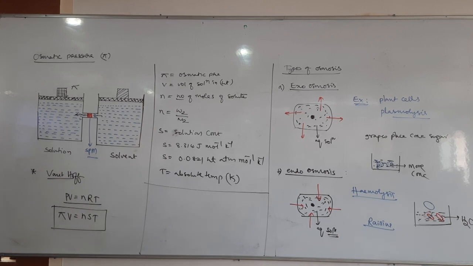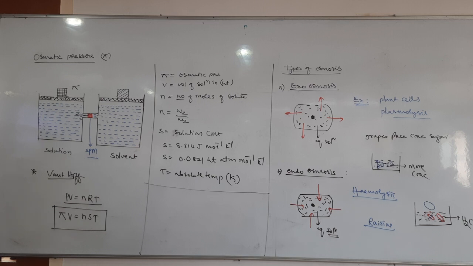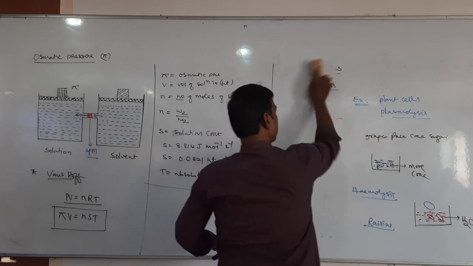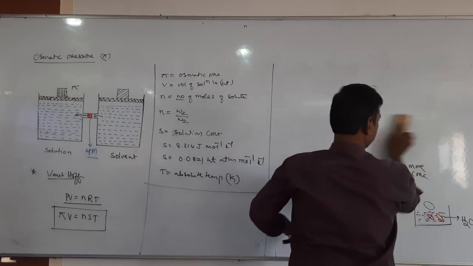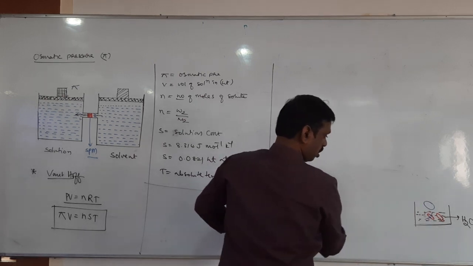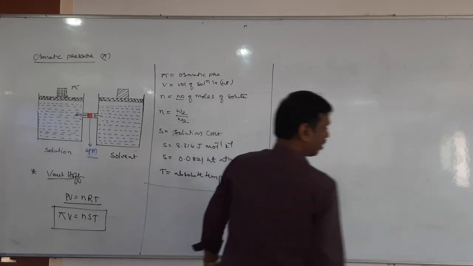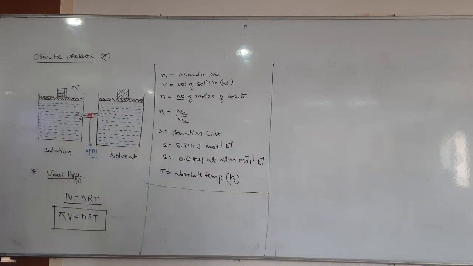Right, next slide. Van 't Hoff observed that dilute solutions behave as ideal gases, and the ideal gas equation, in bracket PV equal to nRT, can be used for dilute solutions.